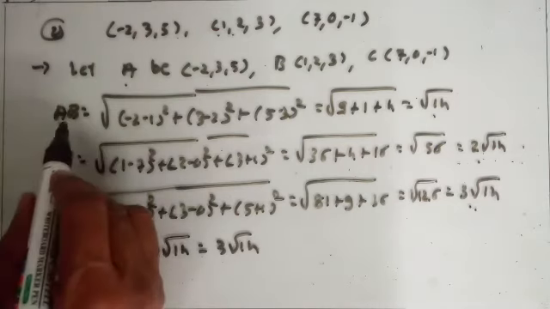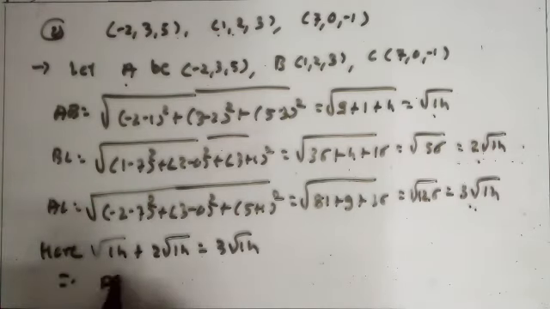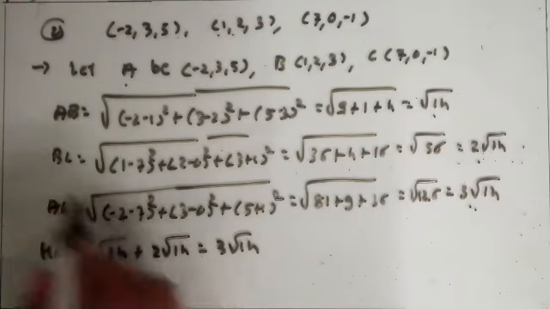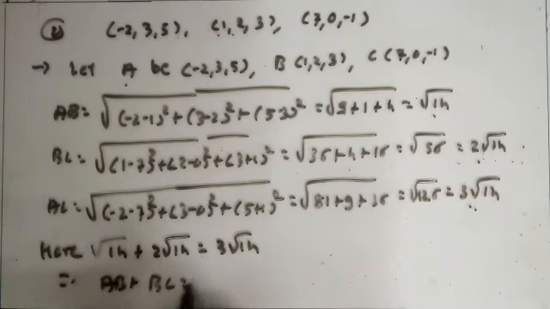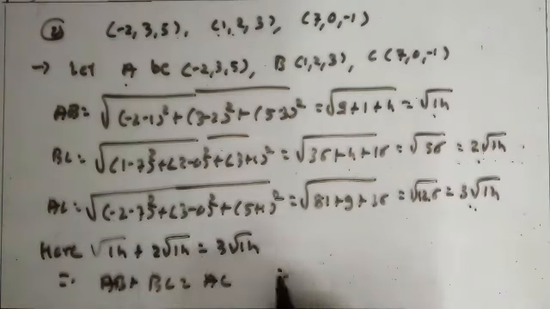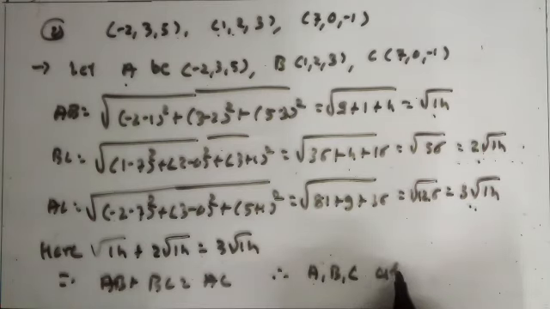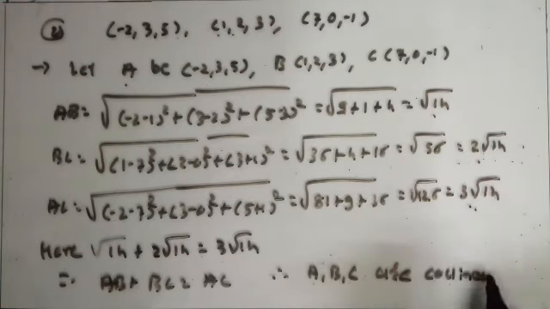Therefore, root 14 is equal to AB, 2 root 14 is equal to BC, and 3 root 14 is equal to AC. So AB plus BC is equal to AC. So we say that A, B, C are collinear. Clear?